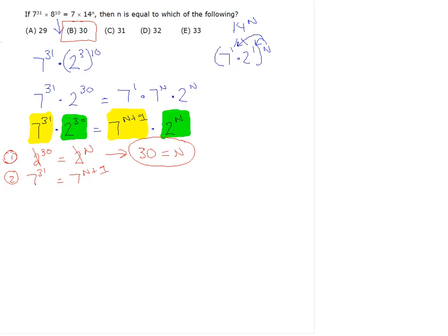Just remember, guys, as always, our theme here is simplicity over complexity. Anytime something seems complex to us on the GMAT, our goal is to look for the most simplistic solution possible. And sometimes the way to do that is look at it through the eyes of a child, like a middle schooler.